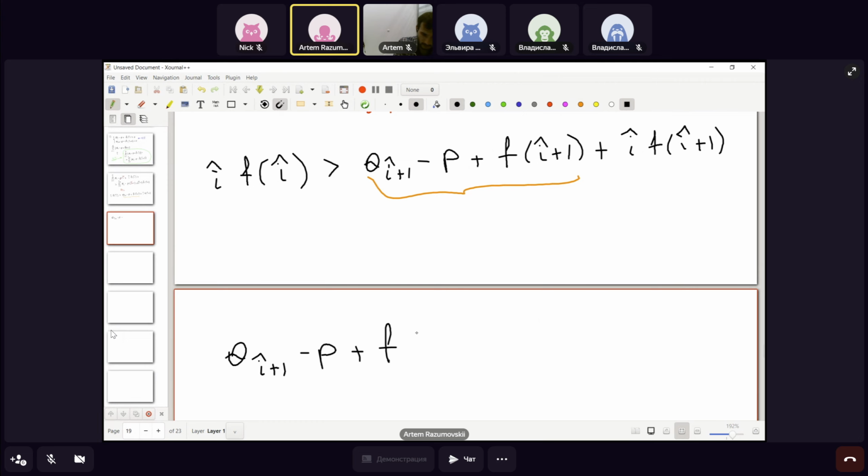That's the utility, and that's supposed to be lower than I hat multiplied by f of I hat minus f of I hat plus 1.